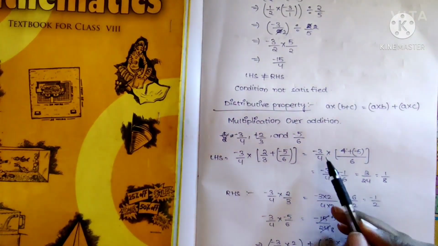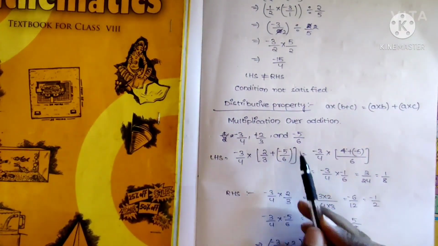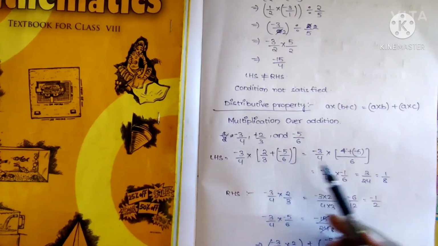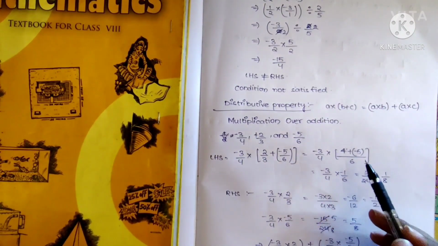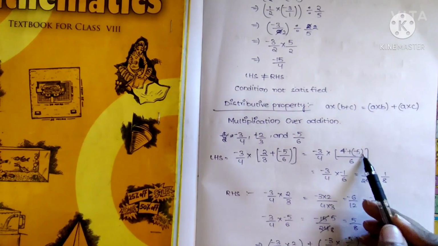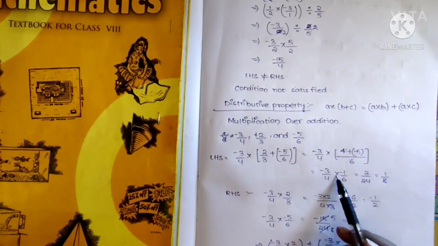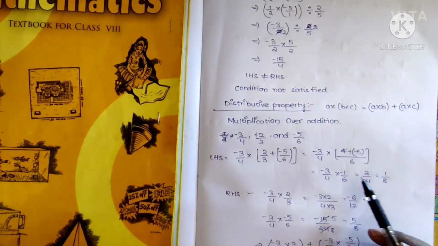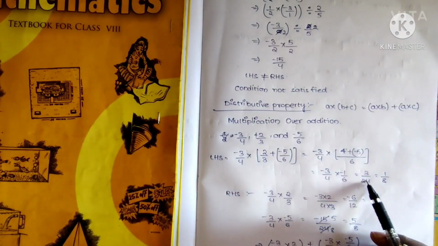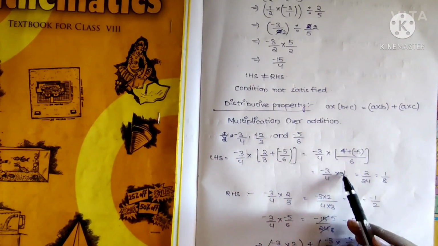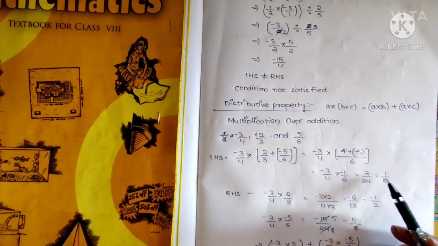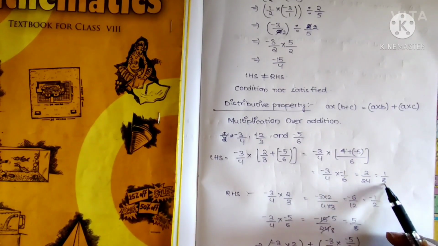In brackets we take the LCM of 3 and 6, which is 6, so 4 plus minus 5, that is minus 3 by 4 into minus 1 by 6, equals 4 sixes are 24, 3 ones are 3, minus into minus is plus, 3 by 24, that is equals 1 by 8.